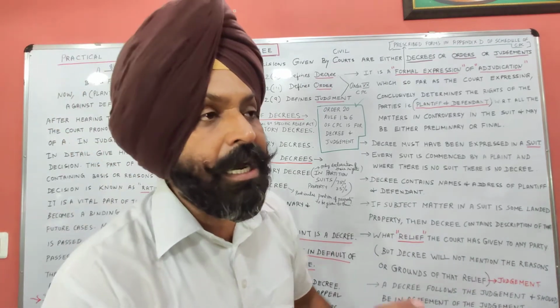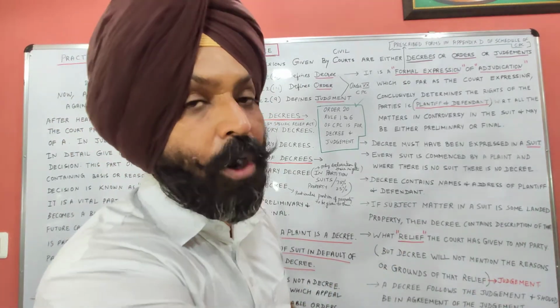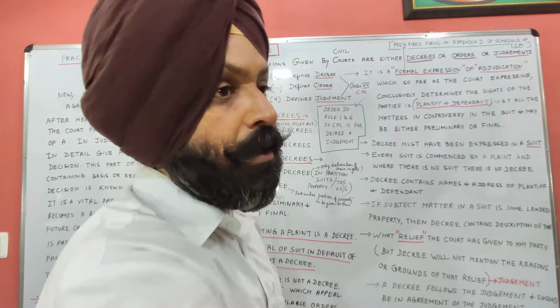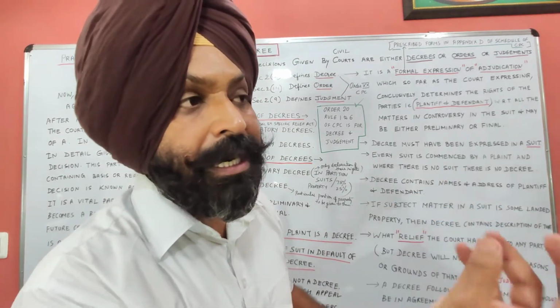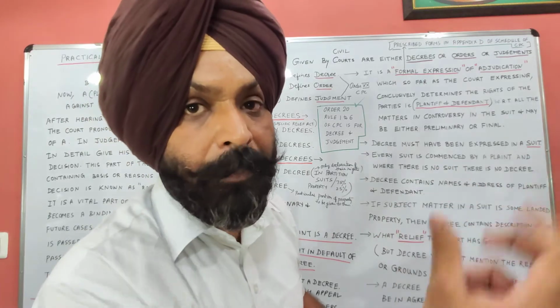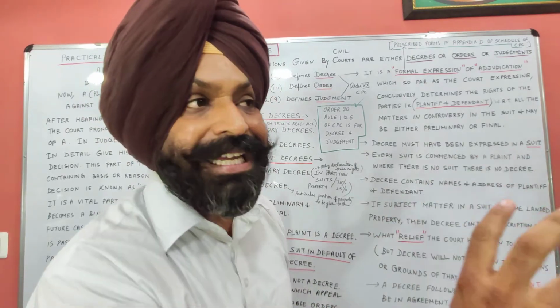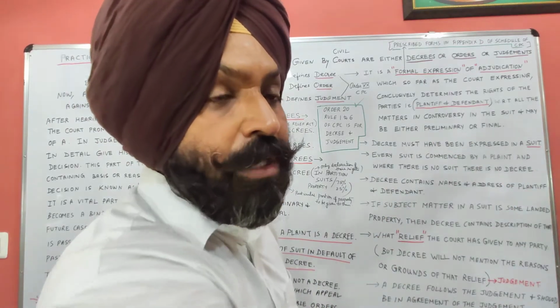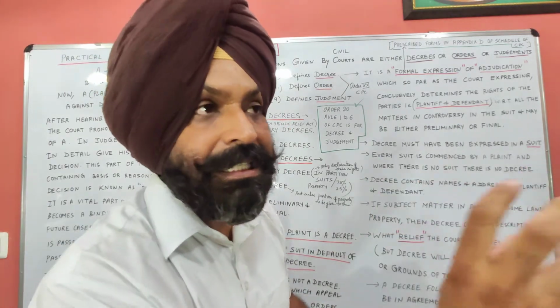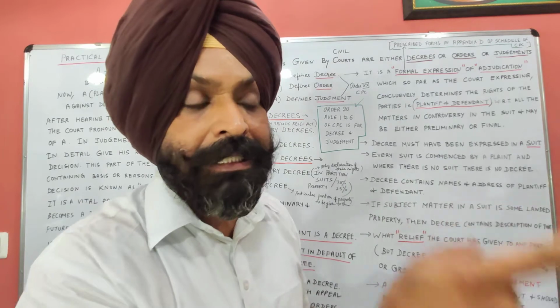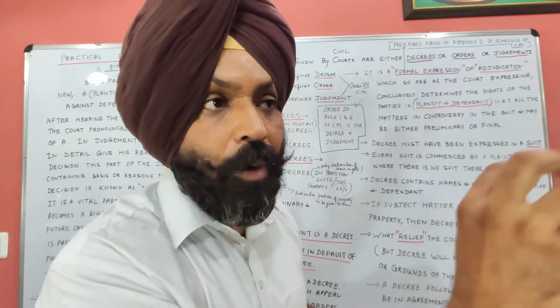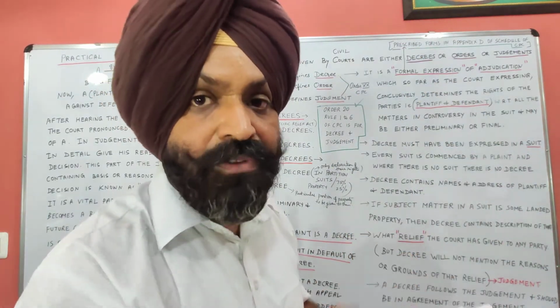You see, in a suit for possession of a property against a person, the plaintiff has to show some title to the property to the judge. Before the judge gives possession of the property to the plaintiff, the judge has to first decide about the title, whether the title is also in the plaintiff's name.